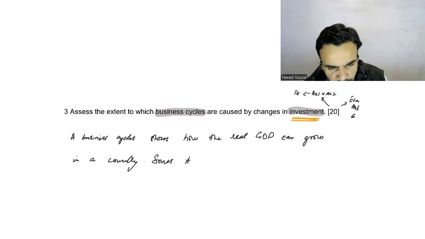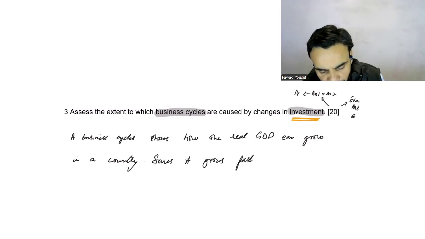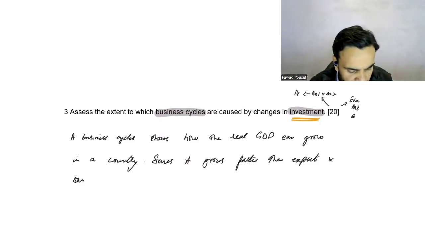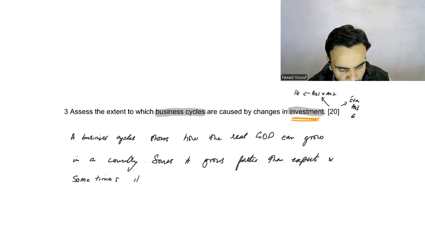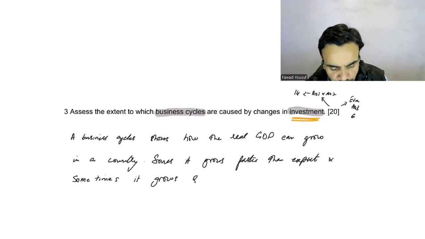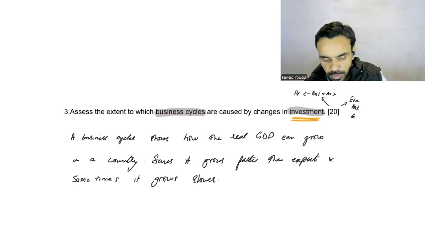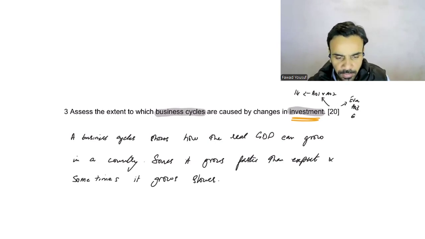Sometimes it grows faster than expected, and sometimes it grows slower.